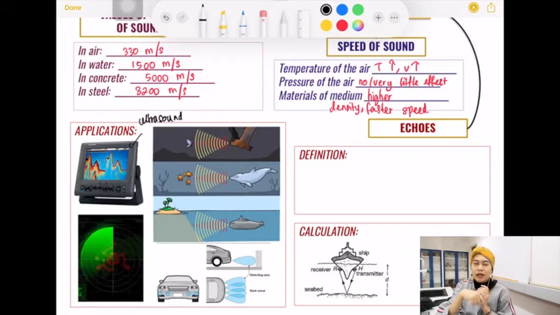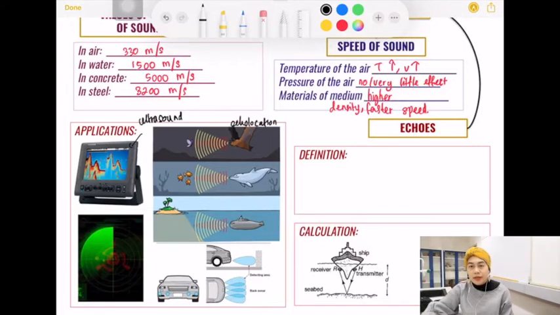What happens is that there are electrical impulses, and how the image will be projected is based on the ultrasound that is reflected back. The time will be calculated, and if the time is fast, it reaches you faster, that means that point is, for example, the feet of the baby. It will also take into account the density of the materials inside to produce a better picture. And ultrasound is also used for what we call echolocation.